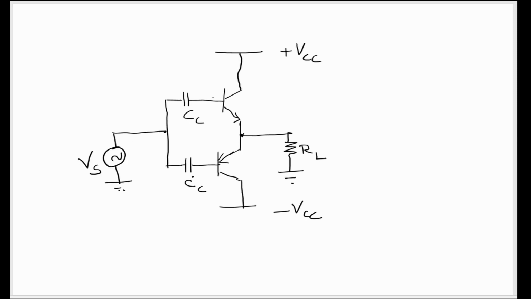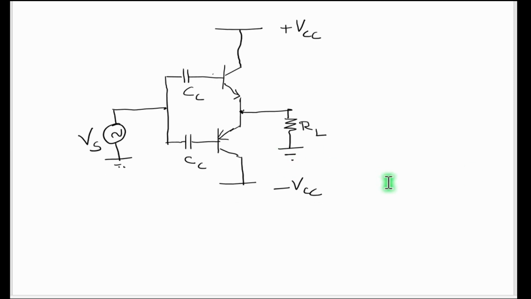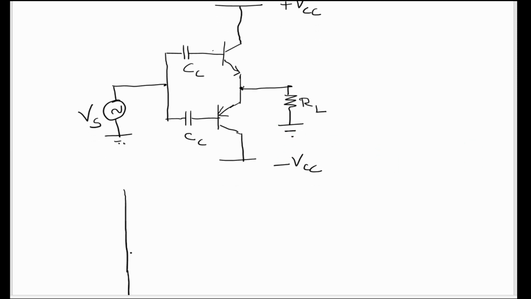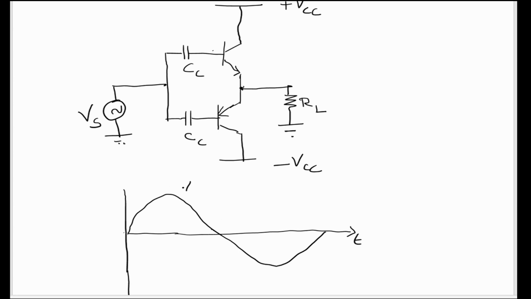This is the signal voltage. The signal is like this. This is T. So this is Vs, that is the input voltage.